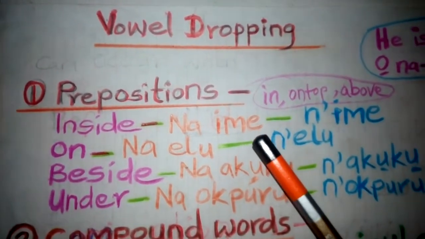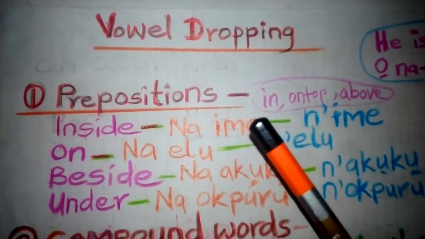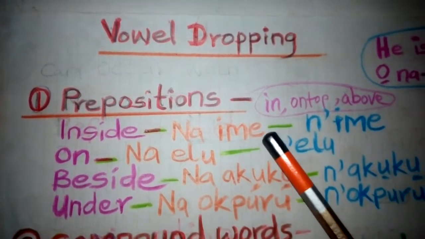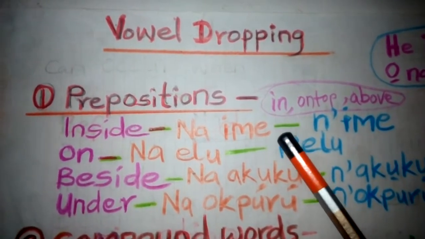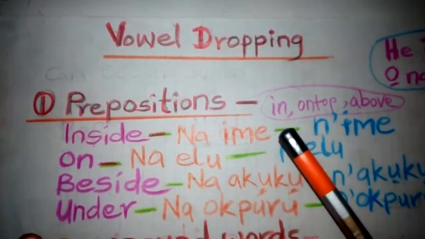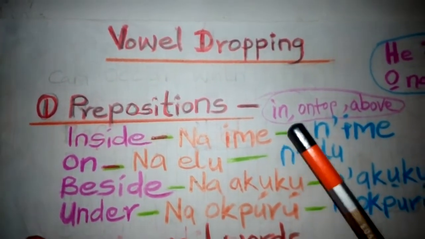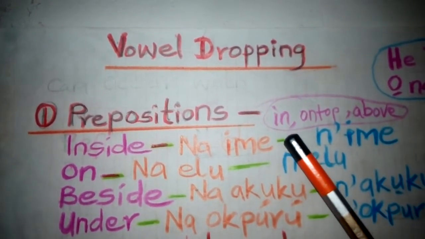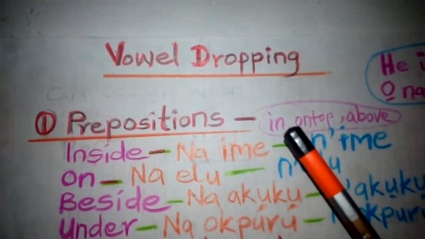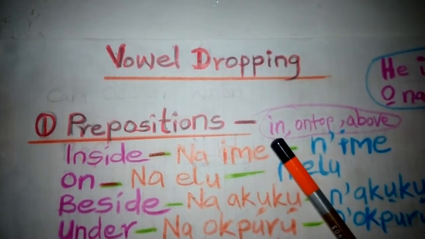Okay, so I'm going to be teaching about vowel dropping in this video. It's going to be short anyway. Vowel dropping happens when two different words are next to each other, and the first vowel is dropped and ignored.